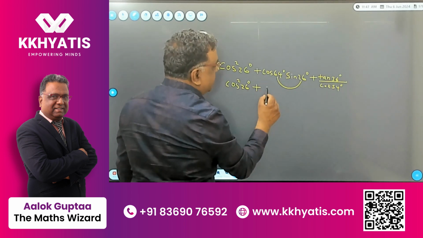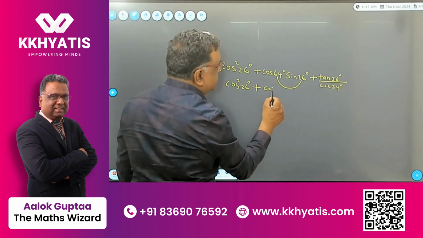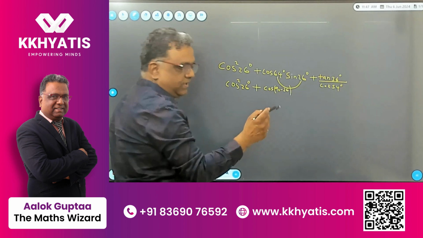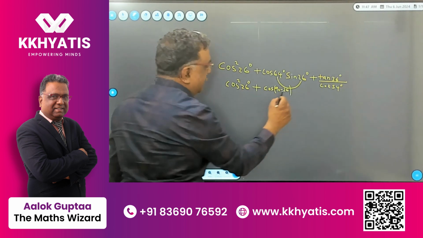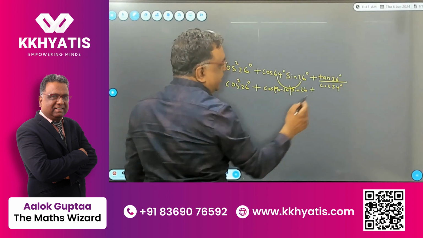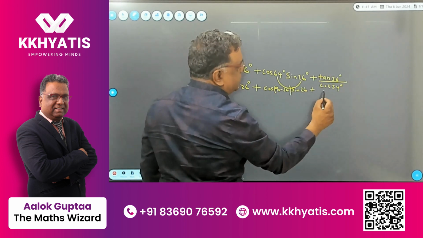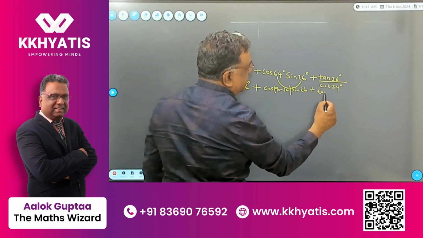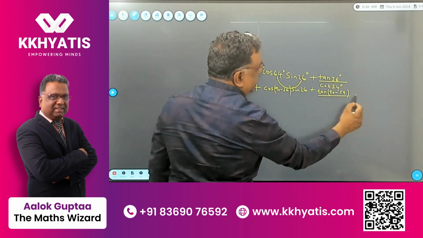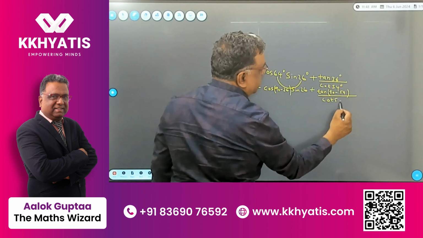So I can write cos 64 as cos 90 minus 26, because 90 minus 26 is 64. Then I will write this as sine 26. Tan 36: 36 plus 54 is 90, so I can write this as tan 90 minus 54 upon cot 54.